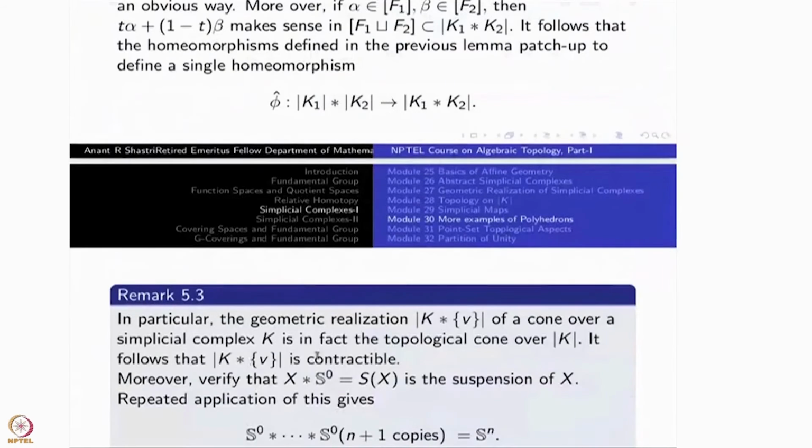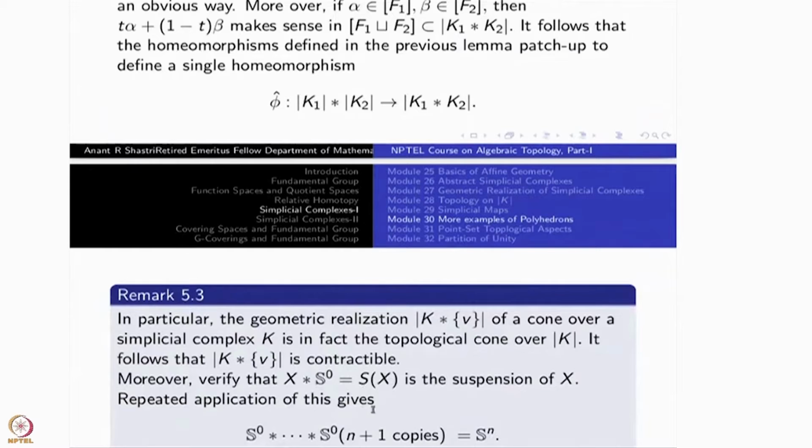In particular, you specialize K2 to a single point. This is nothing but the cone. If you take two points, it will be the suspension. So we get both suspension and cone of a polyhedron will be polyhedrons.